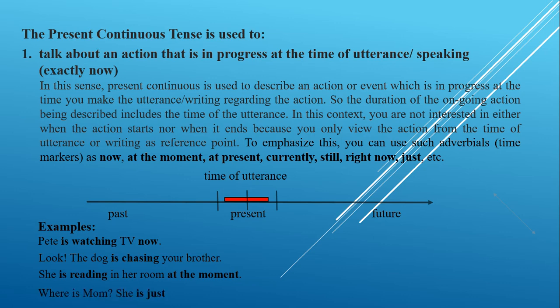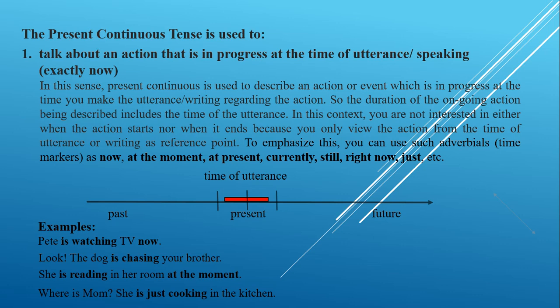Where's mom? She's just cooking in the kitchen. Now imagine yourself at home with your mother, but you are in another room, your mother in the kitchen and you, for example, in the living room. But you know that your mother is cooking because you have seen your mother, and you get back to the living room, and there you see your sister, and she's asking you, where is mom?